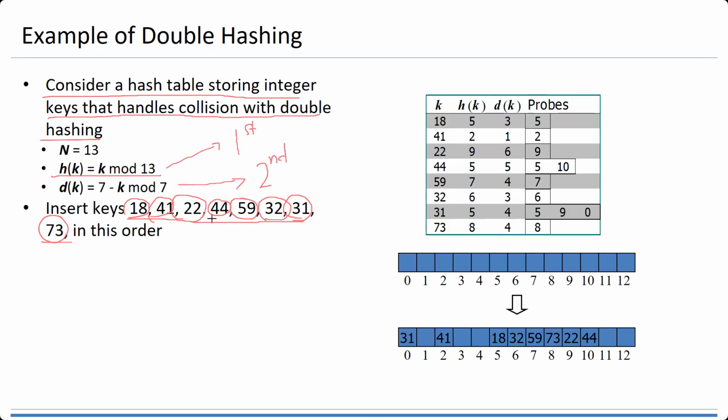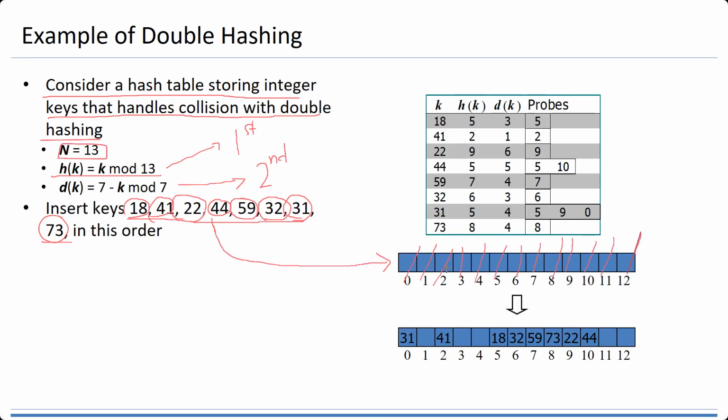Now we want to put these keys into this hash table. In this hash table, n equals 13. So we have 1, 2, 3, 4, 5, 6, 7, 8, 9, 10, 11, 12, 13.